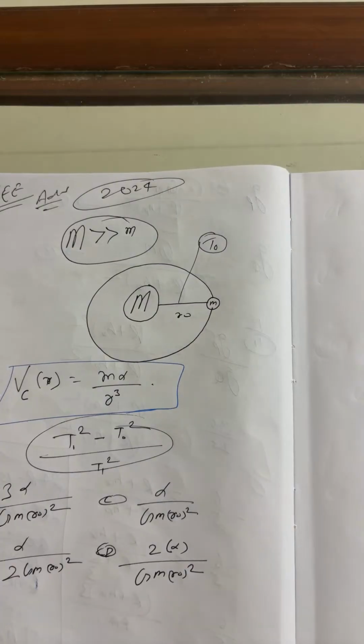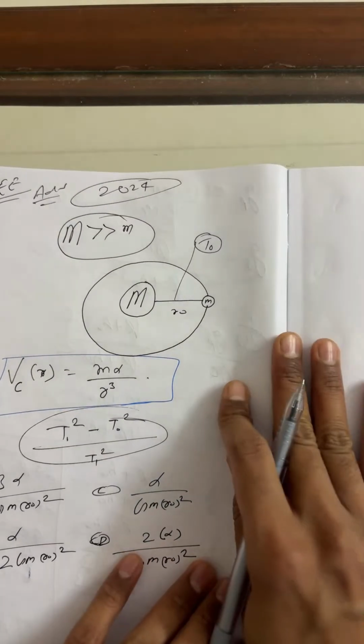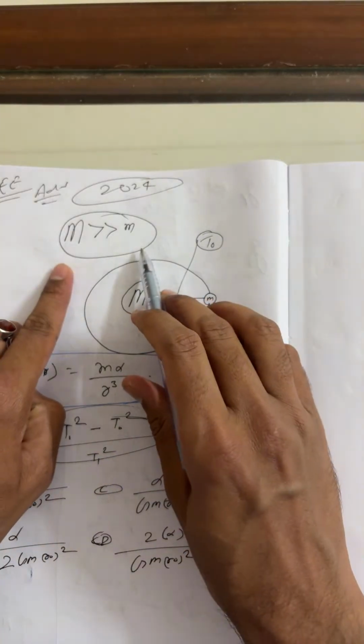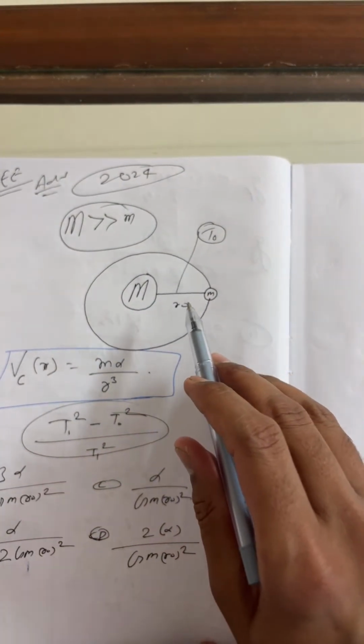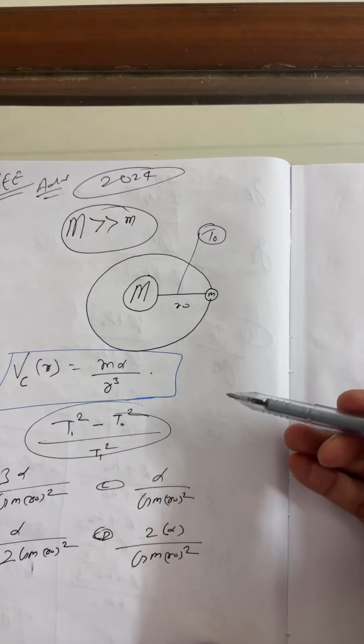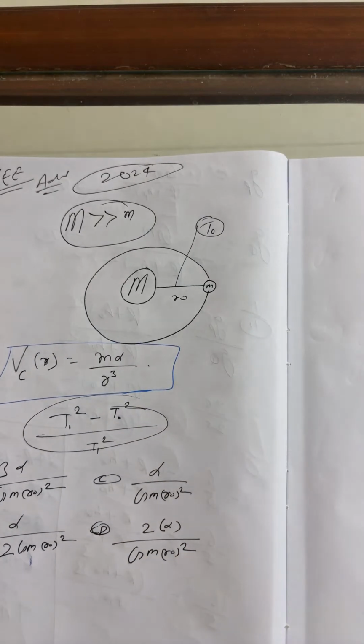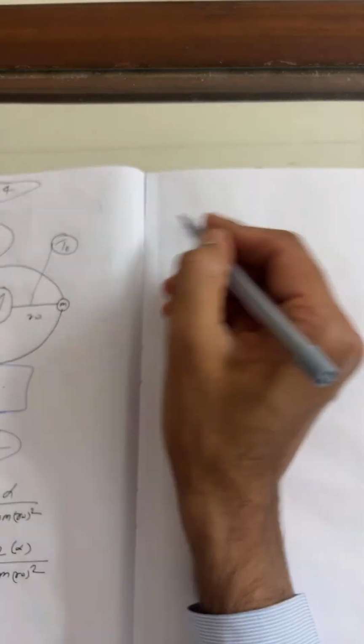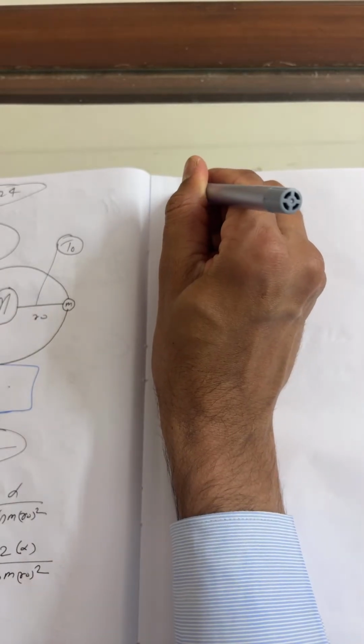Now have a look at the question. A particle of mass m is moving in a circular orbit of radius r naught, time period T naught. For this solution, we can use basic tools.